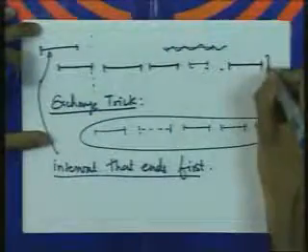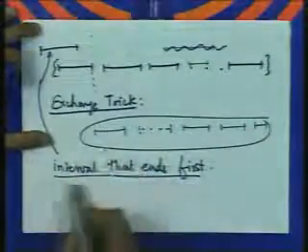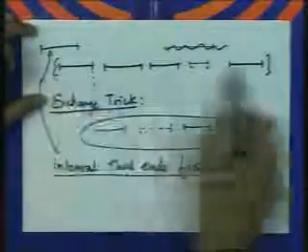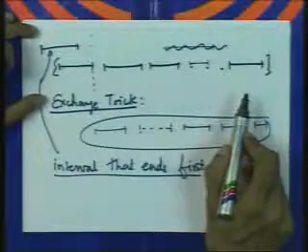So, what you do is look at any optimum, and look at the interval that ends first. So, we go back to our previous figure. Supposing this were the optimum solution, supposing it already contained the interval that ends first, you are done. So, there is an optimum solution that contains the interval that ends first.